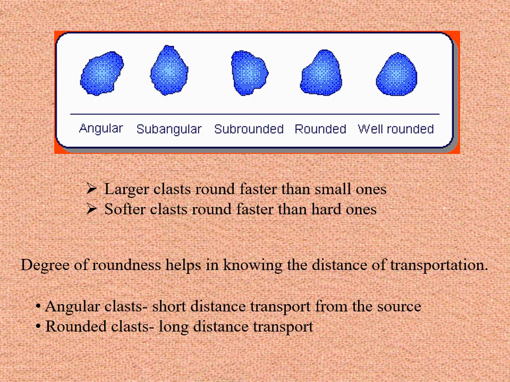So for comparing the degree of roundness of any two grains, it is better to be within the same mineral. If the mineral varies, then depending on their physical durability, their degree of roundness also changes.